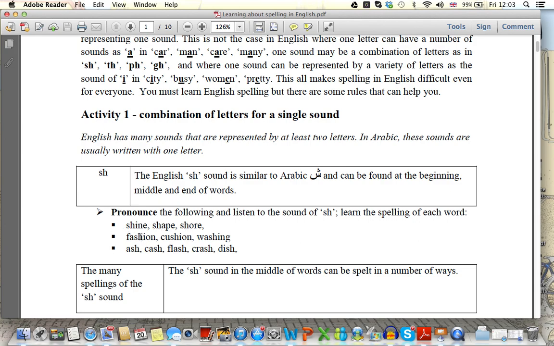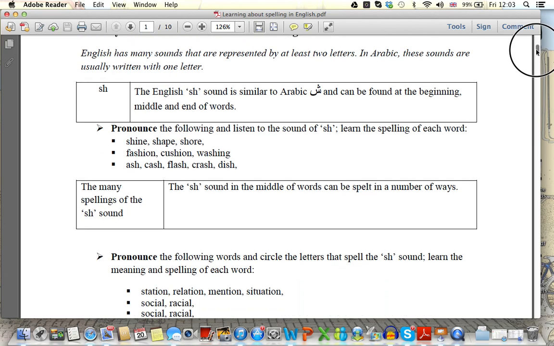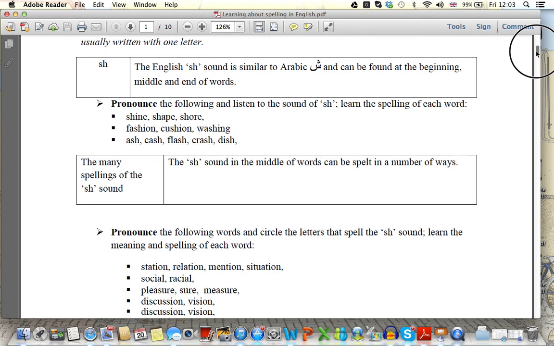We also can find the sh sound in the middle of words, as in fashion, cushion, washing, and also at the end of words: ash, cash, flash, crash, and dish. Now you should repeat these sounds and make sure that you can pronounce and spell these words.